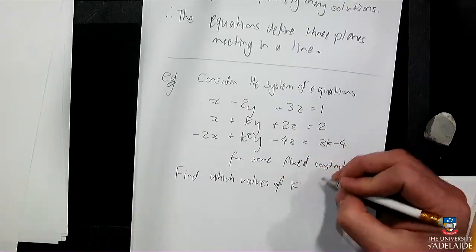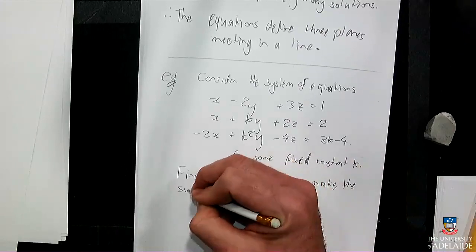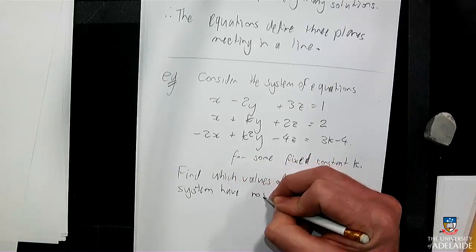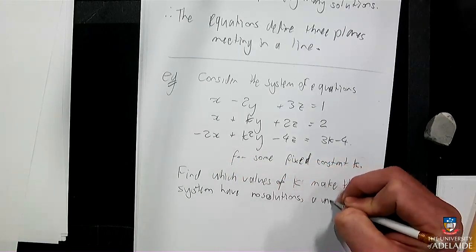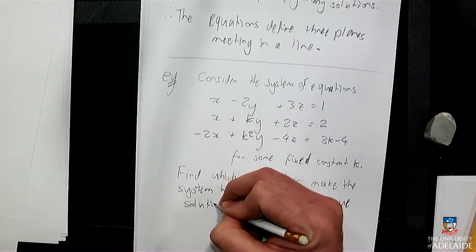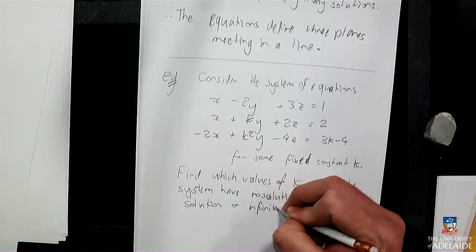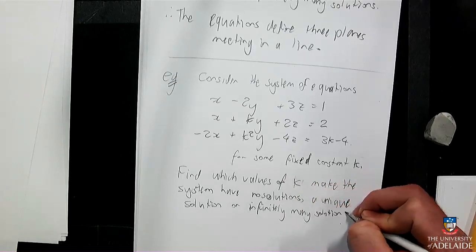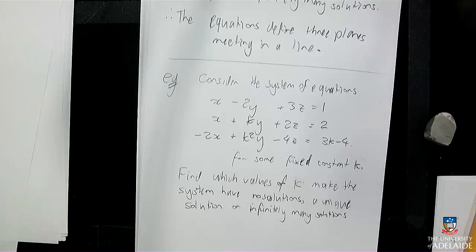Which values of k make the system have no solutions, a unique solution, or infinitely many solutions? And interpret the results.